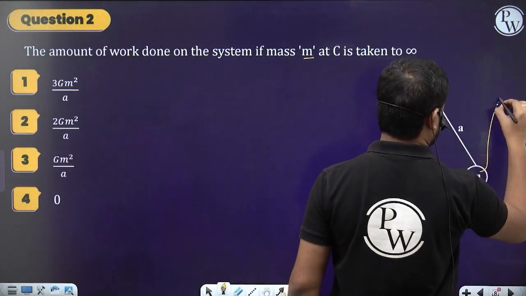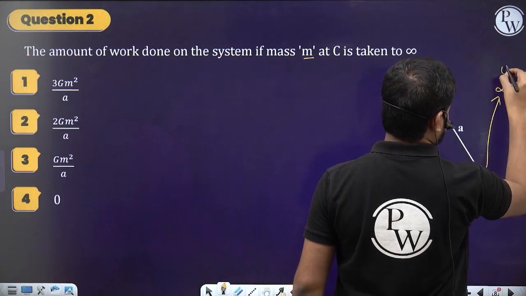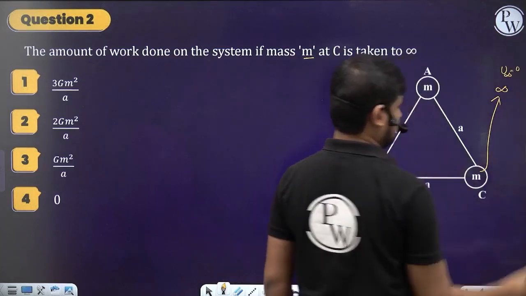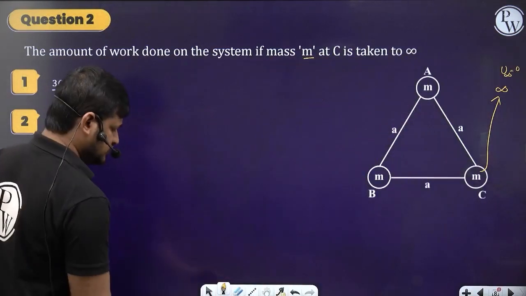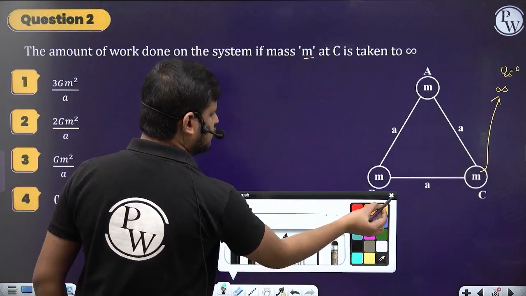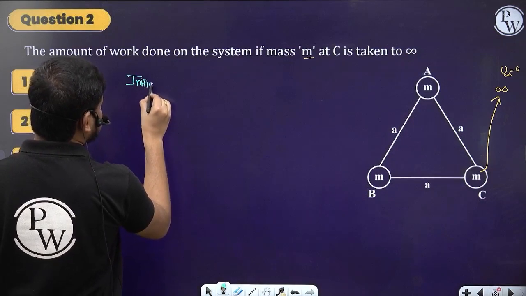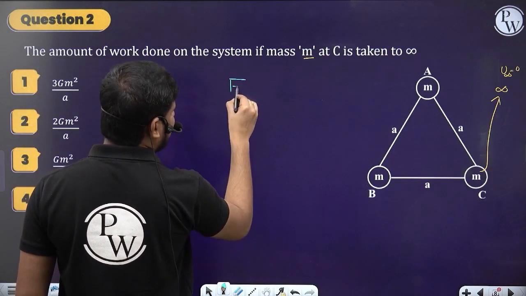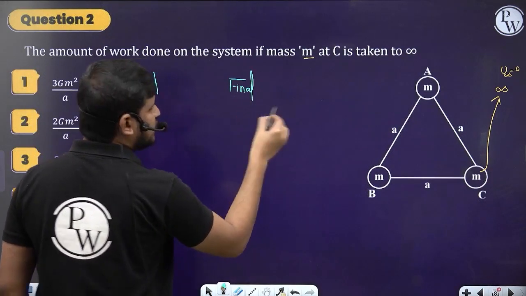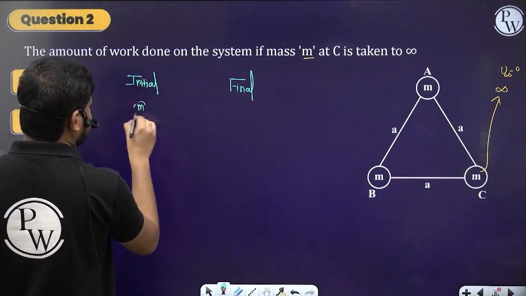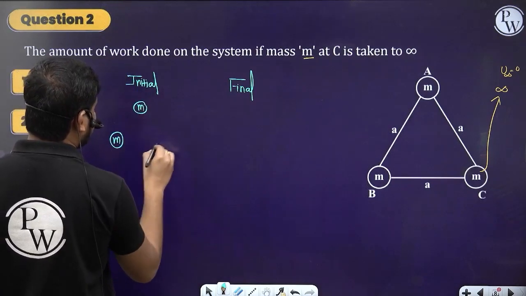So first let's divide this question into 2 parts: one is the initial configuration, and the next one is the final configuration. Initially 3 masses are there, m mass and m mass.